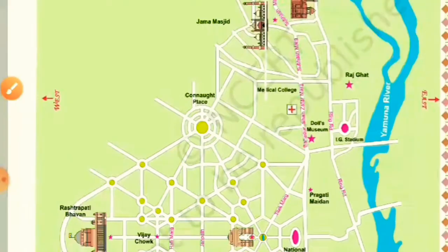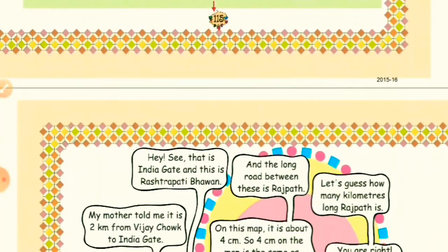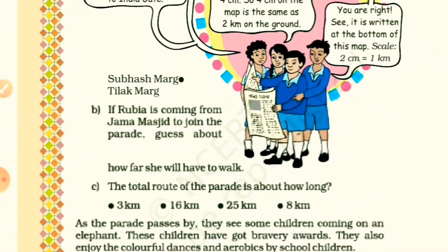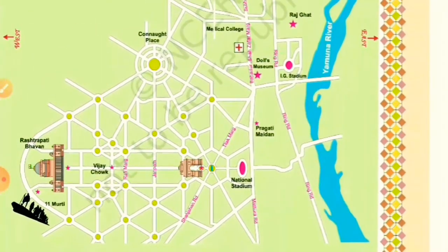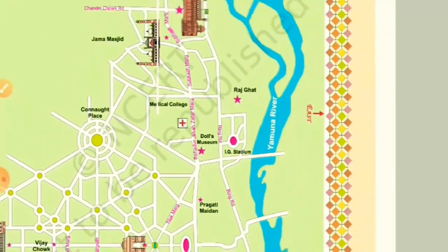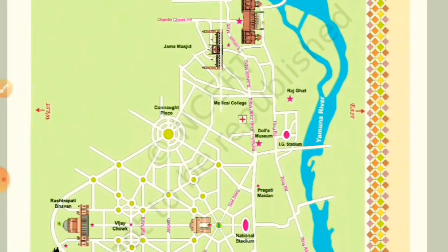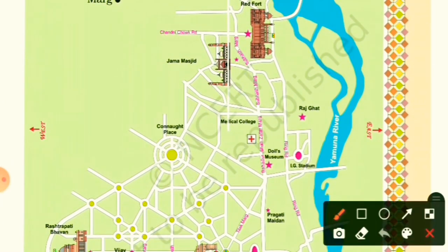Now the second question was to find the longest road, and the options were Subhas Marg, Tilak Marg, and Bahadur Shah Zafar Marg. So let's find out where all these roads are. First, Tilak Marg. From the central hexagon, inside there is also Tilak Marg. So just trace it.